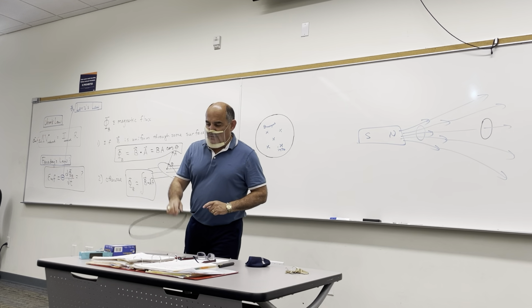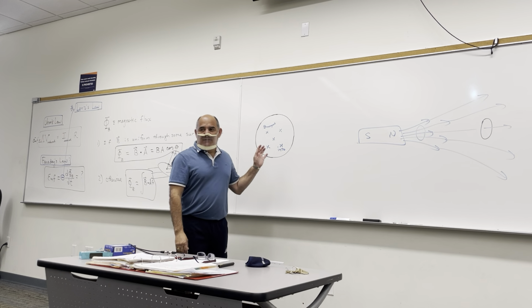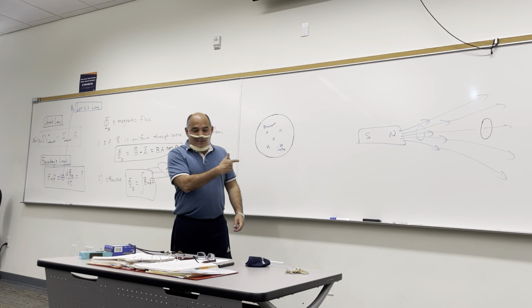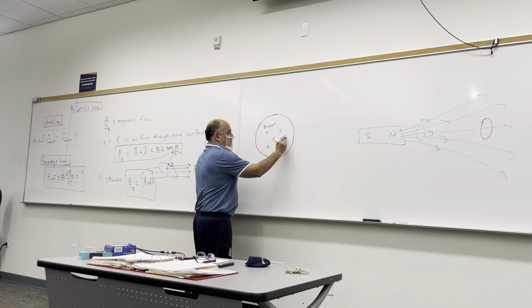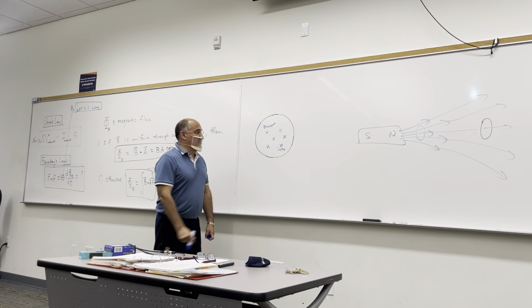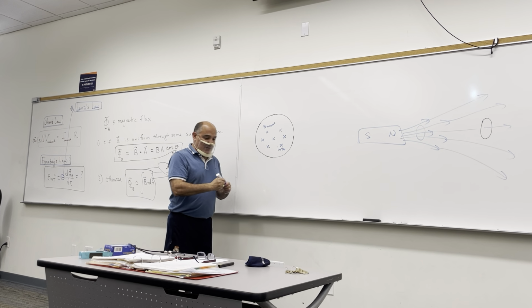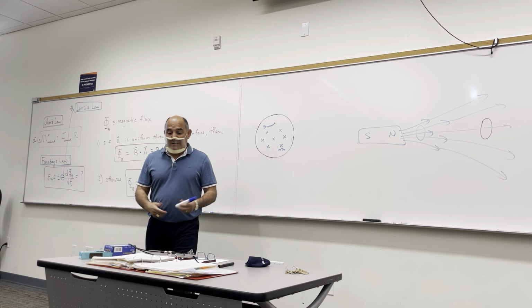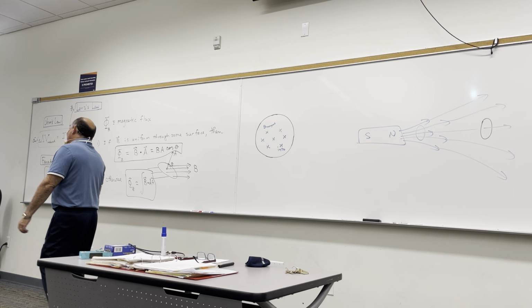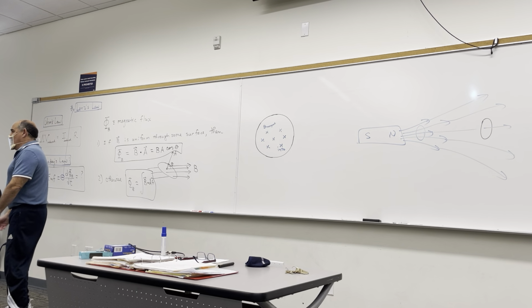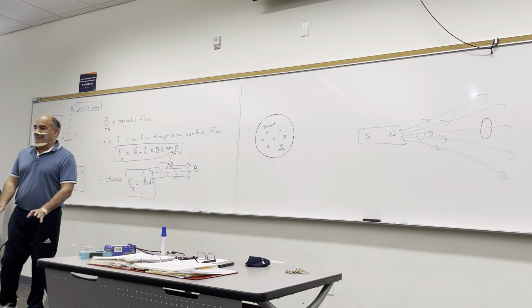So the ring says, okay, I had 5 magnetic field lines going through me. Now this guy is bringing in the magnet, and now there's a 6th magnetic field line coming in. And there's a 7th as I move the magnet closer. The ring says, no, I was happy with 5. Now I got 6, and now I got 7, I want it to stay the same.